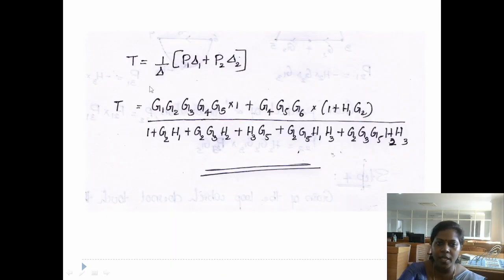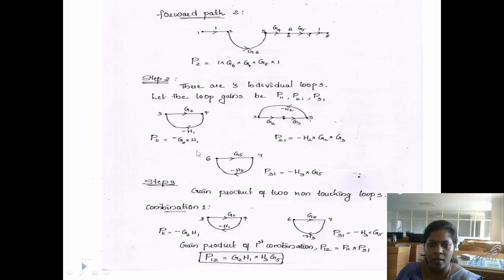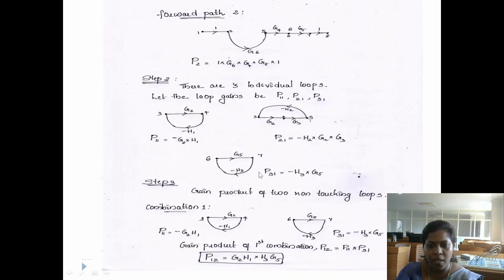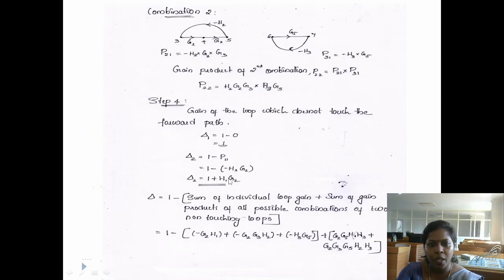Then for finding the overall transfer function, we know the formula: T is equal to 1 divided by delta times p1 del 1 plus p2 del 2. We have found all the values: p1, delta 1, p2, delta 2, and delta.